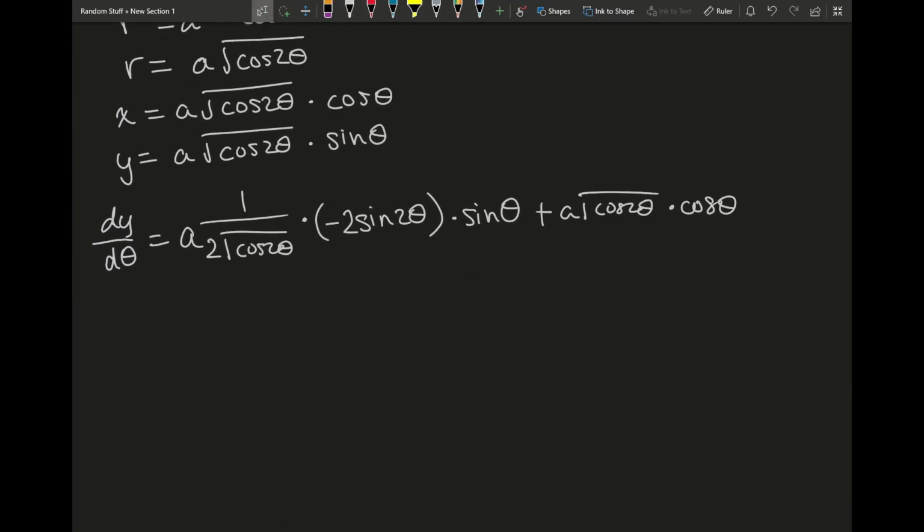Okay, so we can factor a out: cosine 2 theta times cosine of theta.